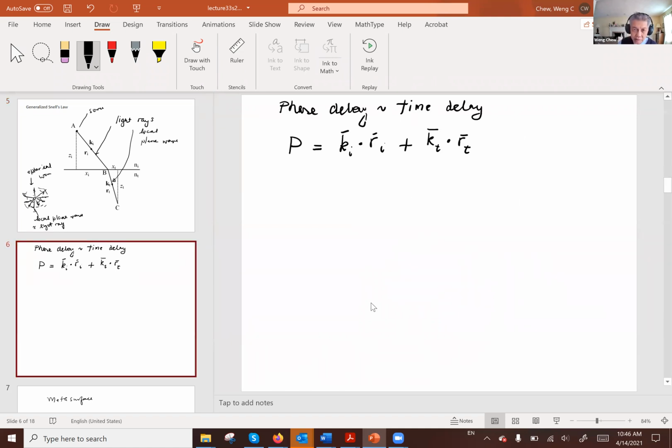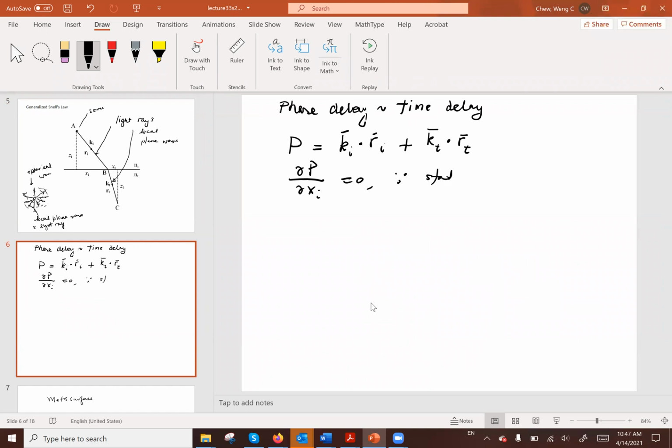So if I find the change in the phase with respect to xi, it should be 0 because it is a stationary point.